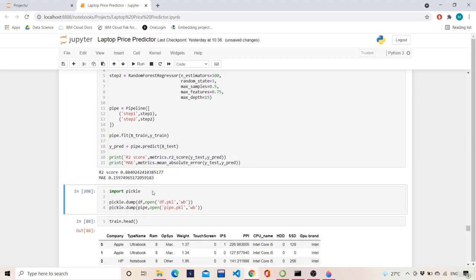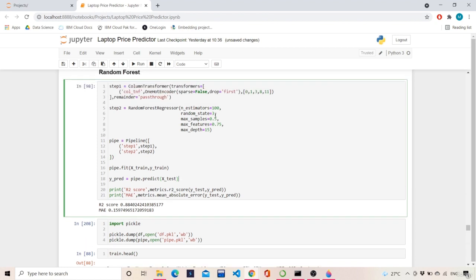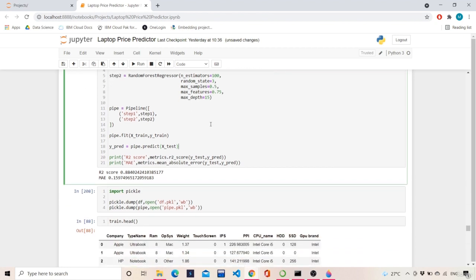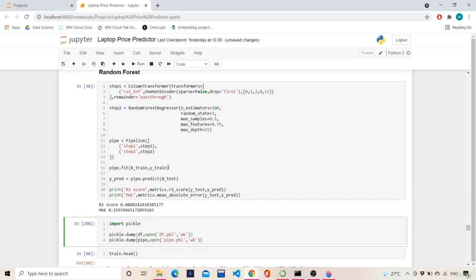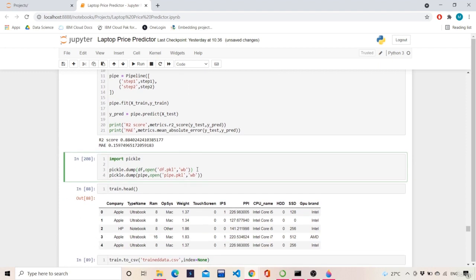Let's see what we get. We get 88.4% here. So this is a very good algorithm, and I will be using it for prediction now, and we will be storing the results of the algorithm.